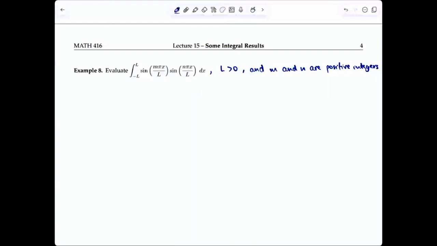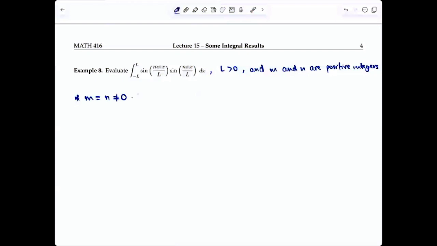So let's consider the first case, when m is equal to n and different from 0. We have to make that distinction, because if m equals n equals 0, then sine of 0 is 0, and sine of 0 here is also equal to 0, so there's nothing to evaluate for the integral. So we make the assumption that m is equal to n and is different from 0.